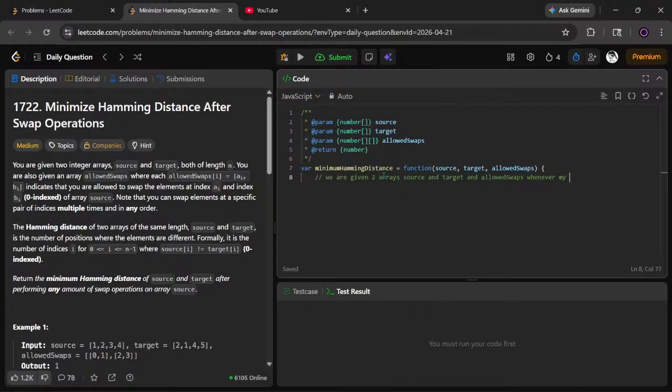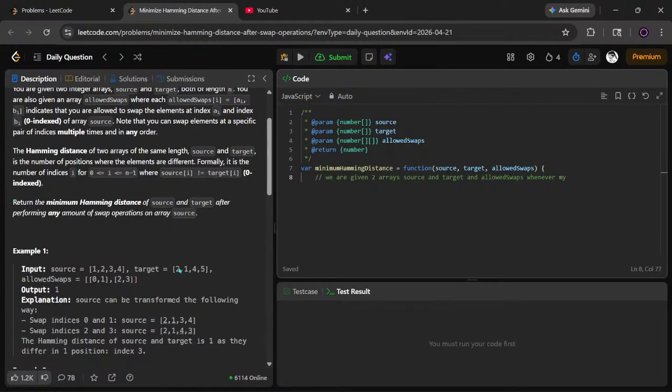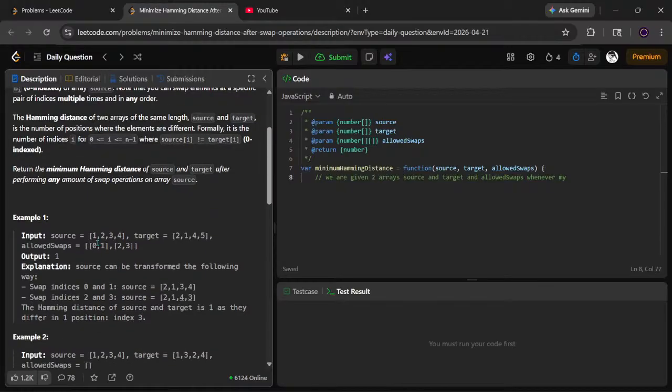They will be giving us an array and allowed indices also. Then the target. We need to make sure that it's close enough to the target they gave us. So the swapping indices they have given already. We need to make sure that swaps happen only on these indices.